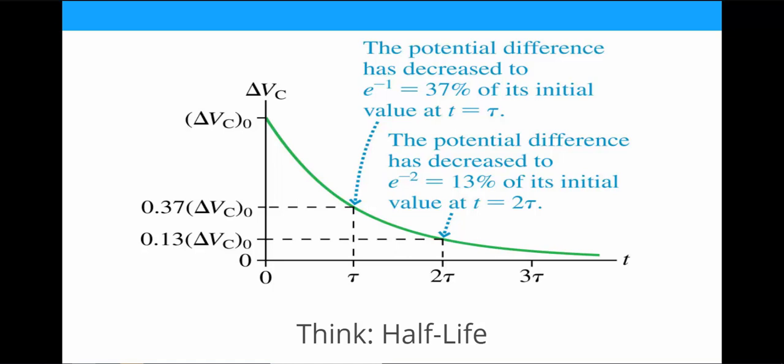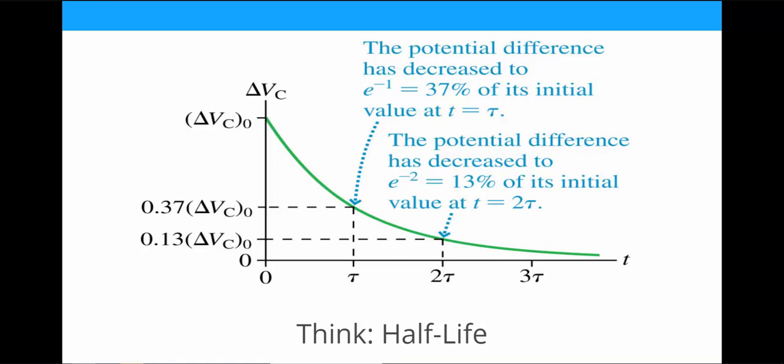So here, the potential difference has decreased to 37% of its initial value. So whatever this initial was, you're down to 37%. But after two time constants, you're not down by another 37%, you're to 37% of what was there already. Make sense? Or 63% loss. Does that help?